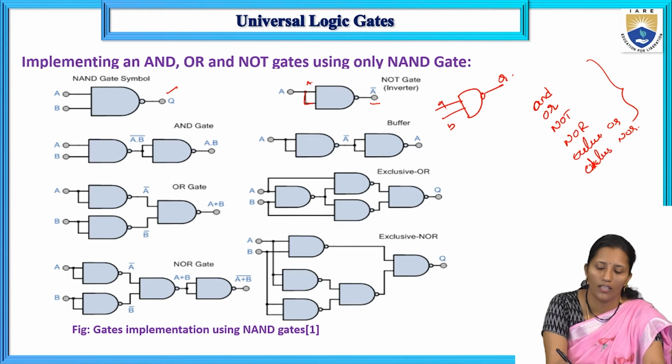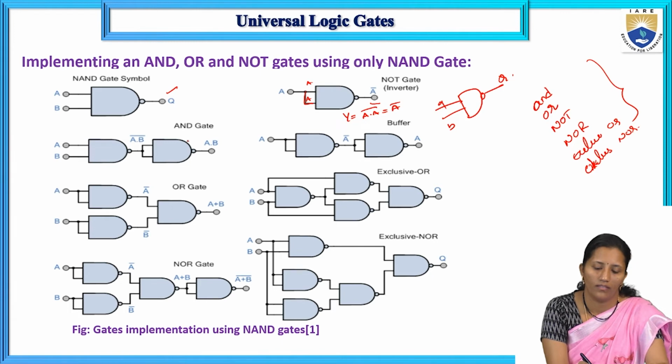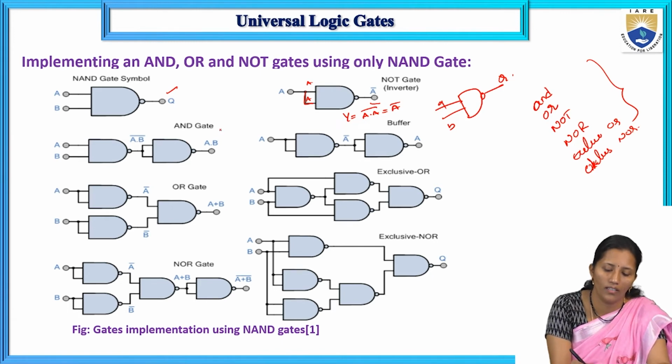So A is given to both inputs, so Y is equal to (A into A) bar. A into A is equal to A, so we get A bar. Now, if we construct an AND gate using NAND gates, finally we have to get the function A into B. A and B are given to the NAND gate, and we get AB bar.